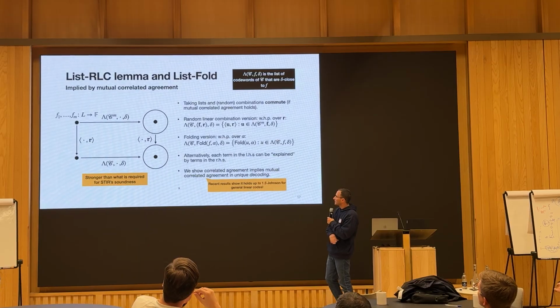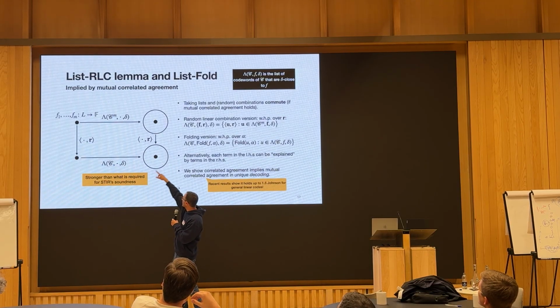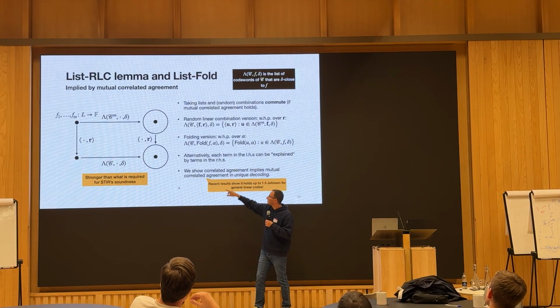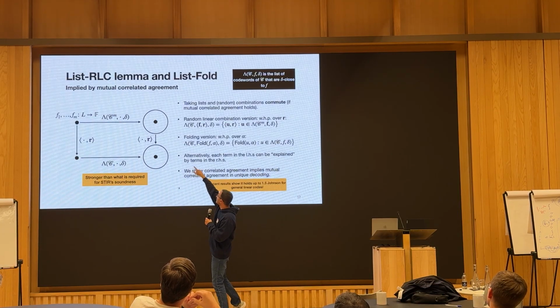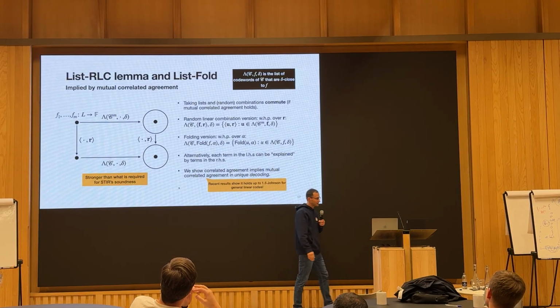You start here and you can either first take a random linear combination and then take a list decoding, or take a list decoding and then a random linear combination, and you get the same set.